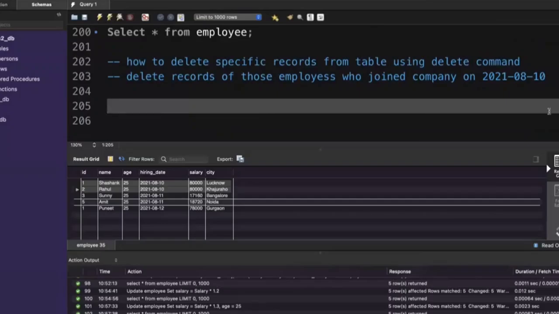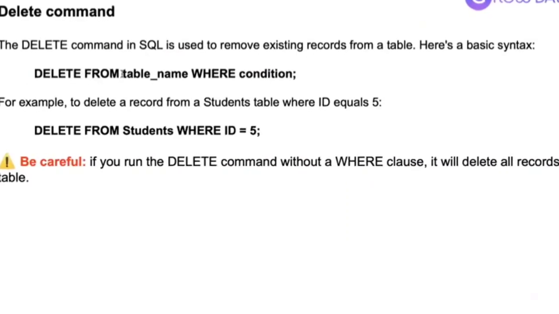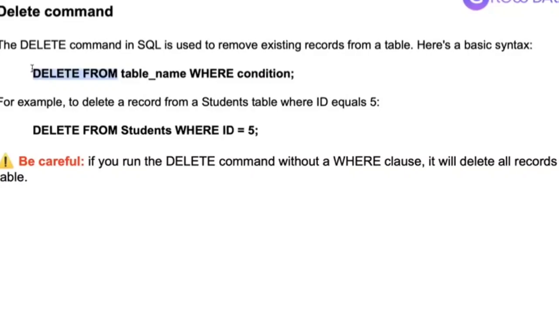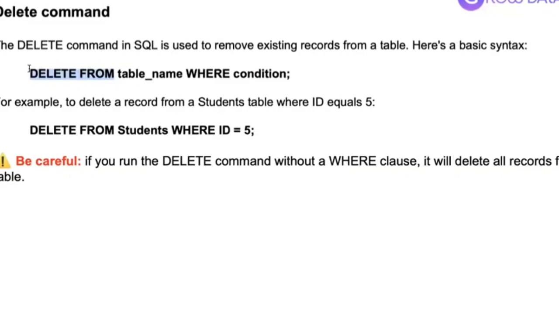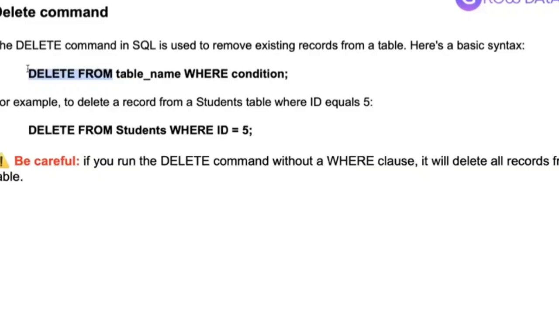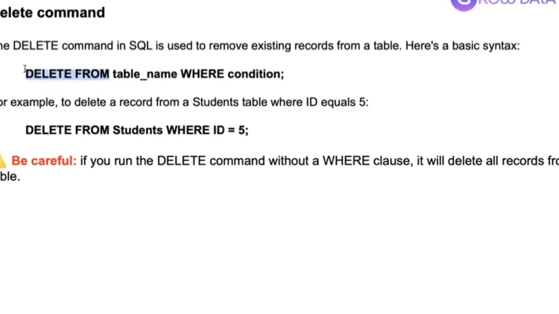So if you look at the syntax of delete, this might sound very similar to select star from. Sometimes, even in the beginning, I also made the mistake of trying to put delete star from and then the entire condition.